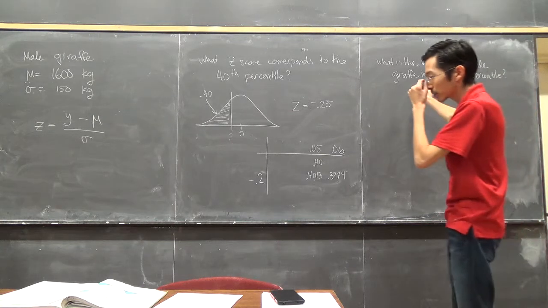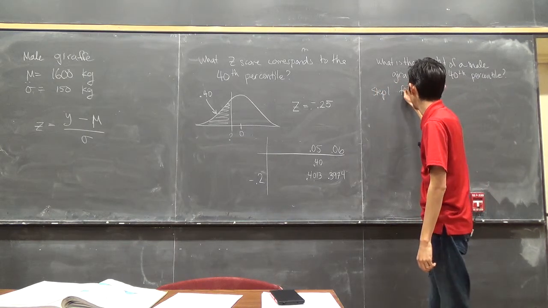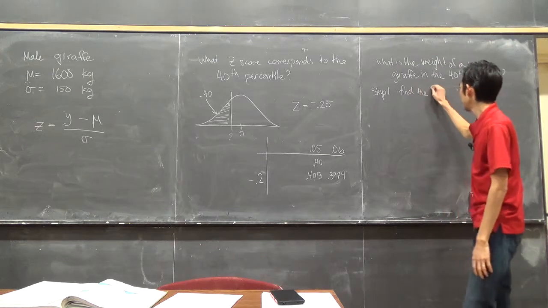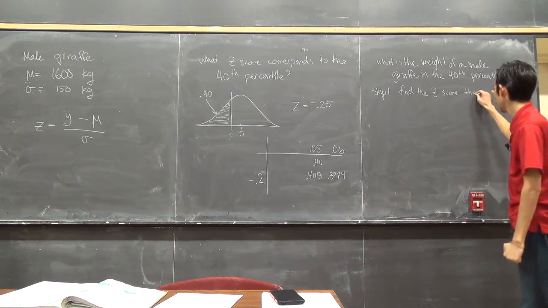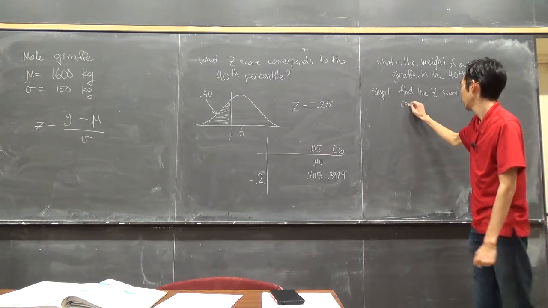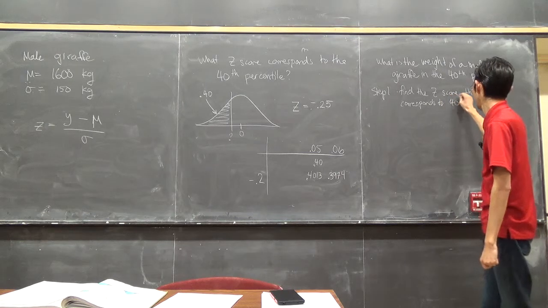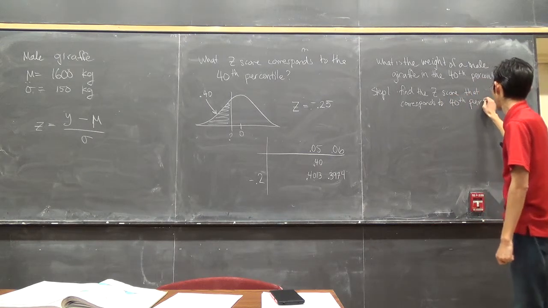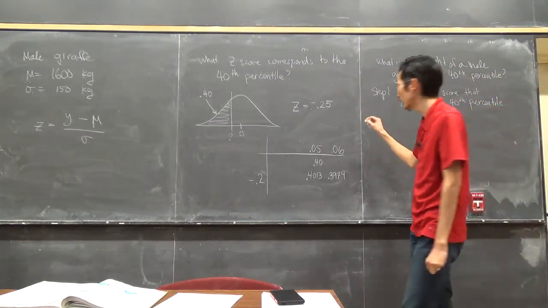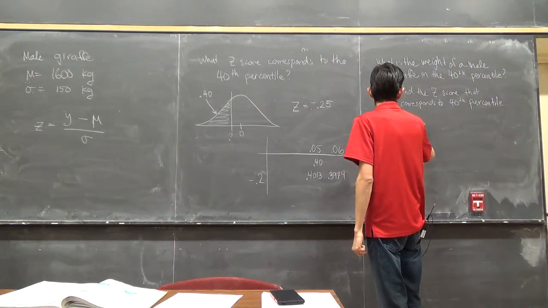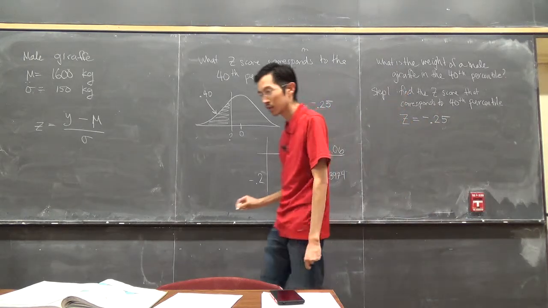In answering this, step 1 is to find the z-score that corresponds to the 40th percentile. And we've already done that. We found that z is equal to negative 0.25.